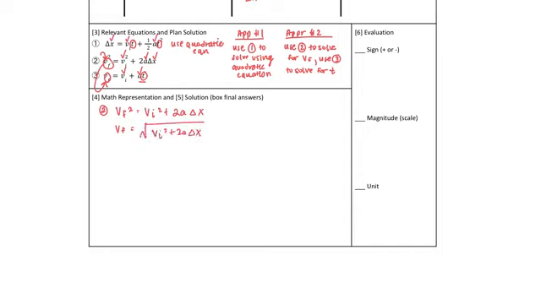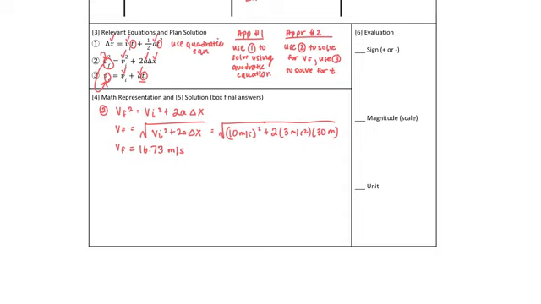That would be the square root of my initial velocity, in this case, I was given 10 meters per second, squared, plus 2 times 3 meters per second squared times my displacement of 30 meters. And if I were to put that into my calculator, I would get a final velocity of 16.73 meters per second. Now, if I go on and use this in further calculations, I'm not going to want to round this.